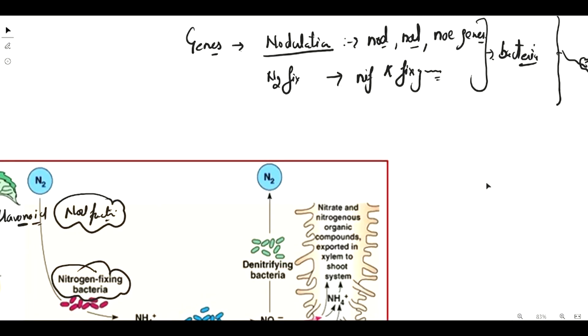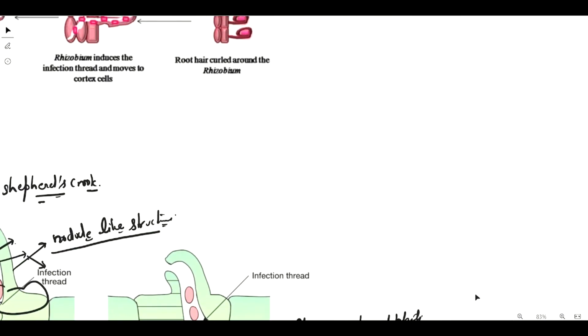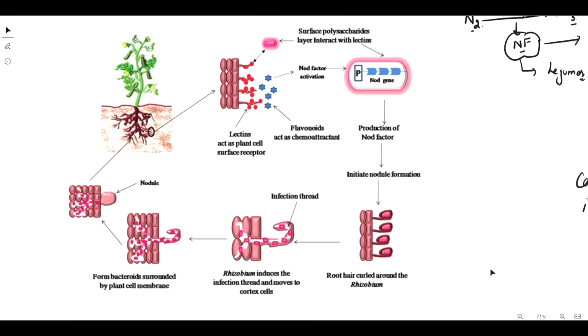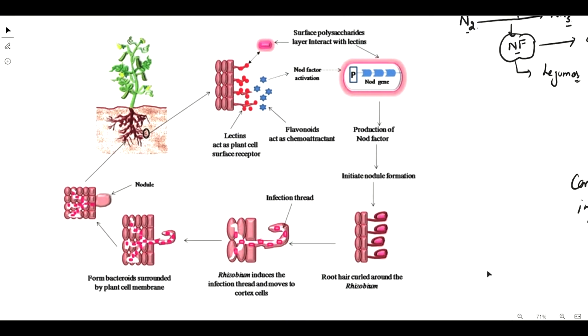If you see the image given above, it will now be very clear to you how nitrogen fixation is occurring in the leguminous plants. First of all, there is the presence of a nodule in the root hairs. The formation of the nodule occurs because of nod factor activation. As the nod factor gene activates, it starts producing a nod factor which initiates the nodule formation.